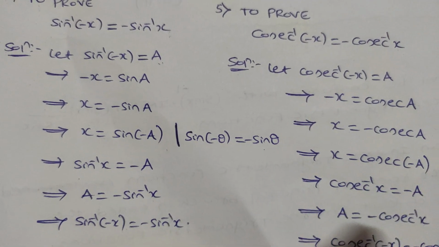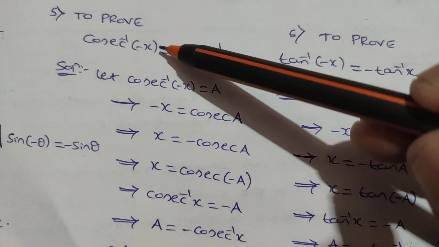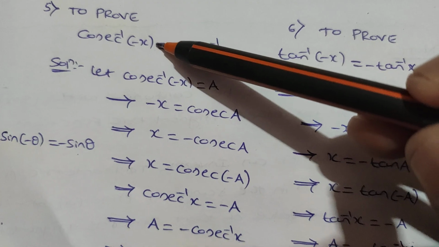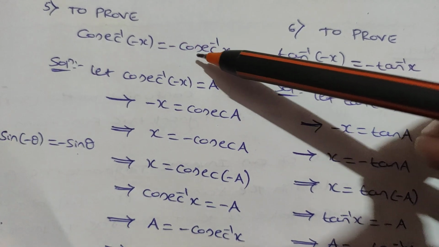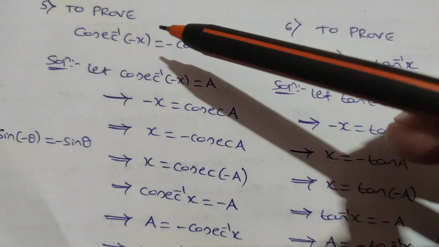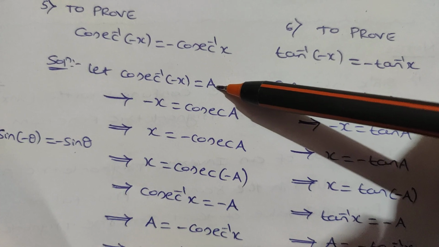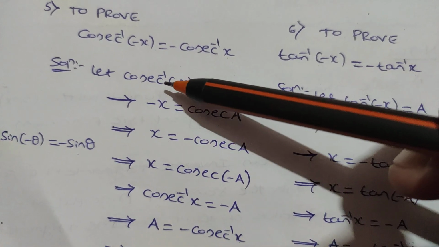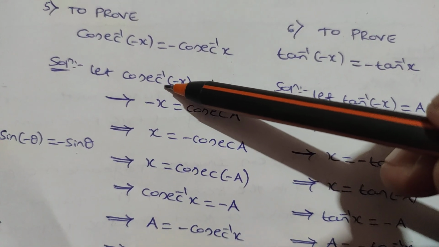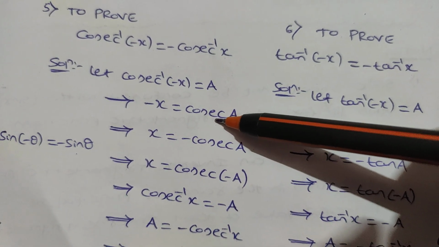Similarly, in the same way, we prove the other results. That is, we prove cosecant inverse of minus x is equal to minus cosecant inverse of x. For proving this, we assume the left hand side term as A. Here also, when we take the inverse trigonometric function to the right side, it becomes a trigonometric function.